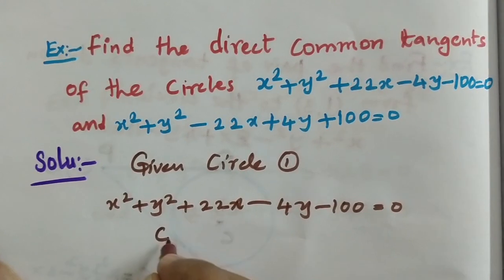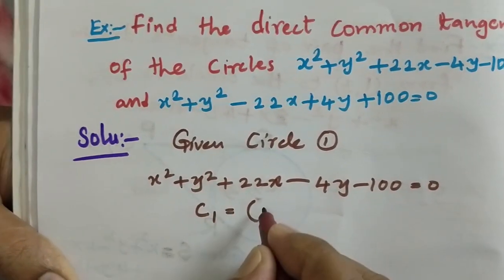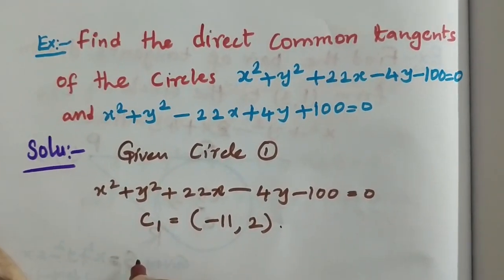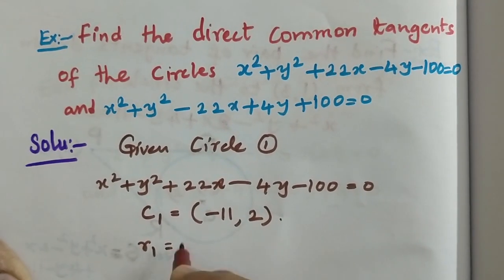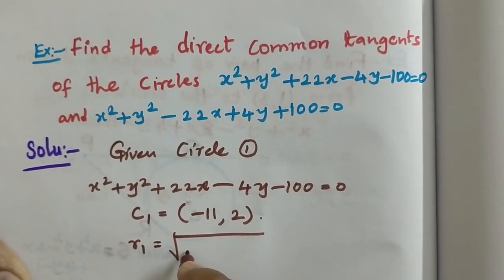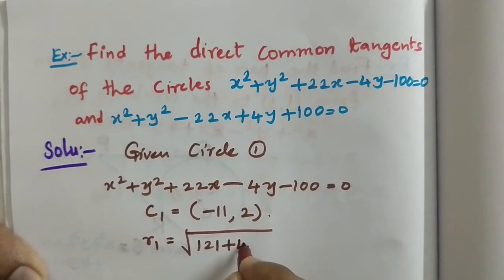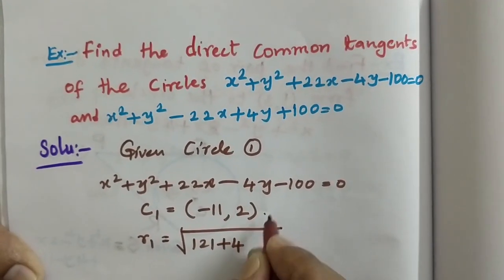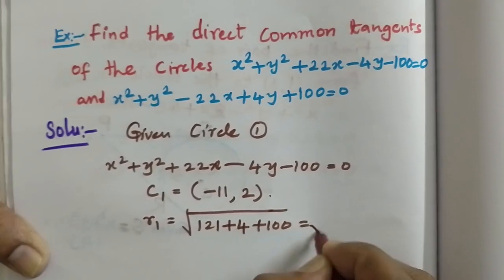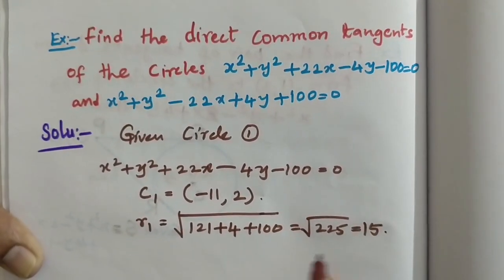The center C1 is equal to (minus g, minus f), that is (minus 11, 2), and the radius R1 is equal to under root of g square, that is 11 square 121, plus f square, 2 square 4, minus c, minus of minus 100 is plus 100. This gives you root 225 is equal to 15, right?